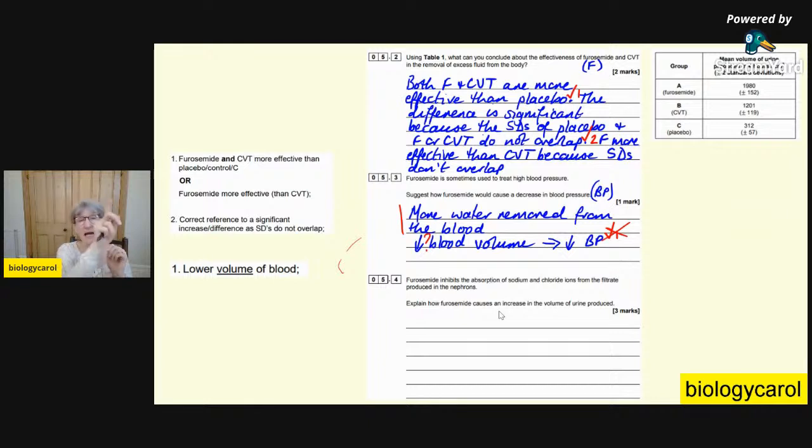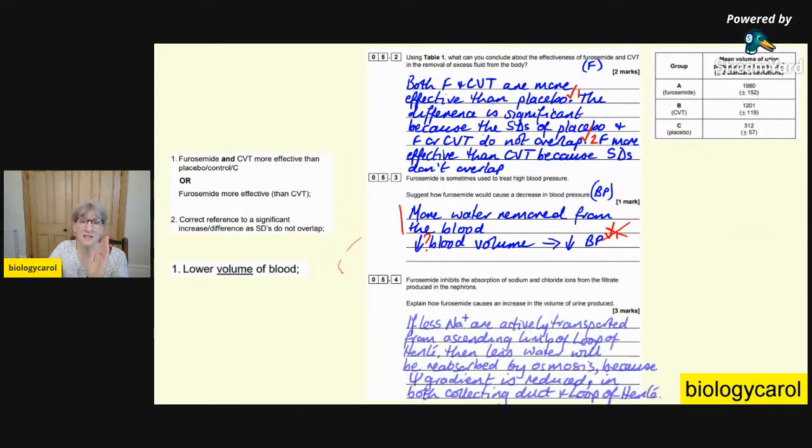This is the ascending limb of the loop of Henle. So I was saying that sodium ions couldn't exit the ascending limb, therefore there would be less water leaving the descending limb by osmosis, and therefore there would also be less water leaving the collecting duct by osmosis. So that's kind of what I put.